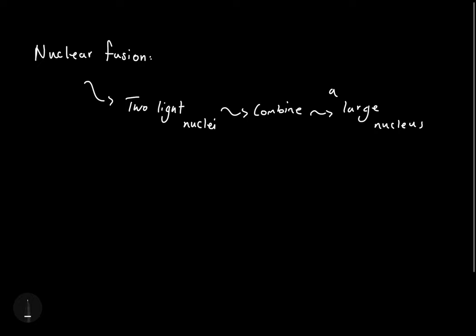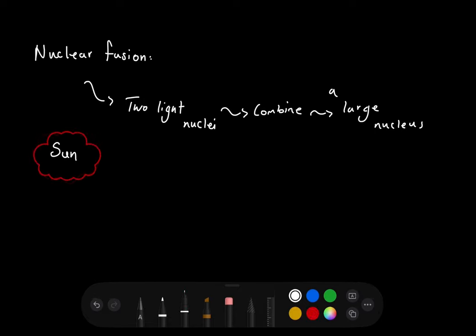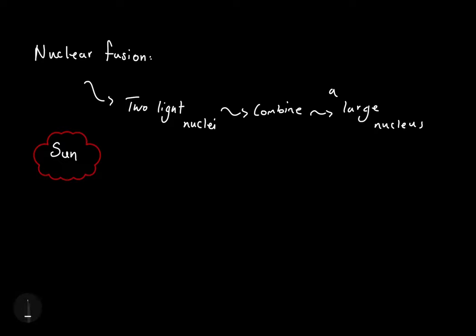Let's talk about one of the main examples through which this process happens, and obviously that is the sun. The sun is one of the most successful factories of energy production in the solar system, facilitating this process by fusing almost 500 million tons of hydrogen every second. The process is as follows.